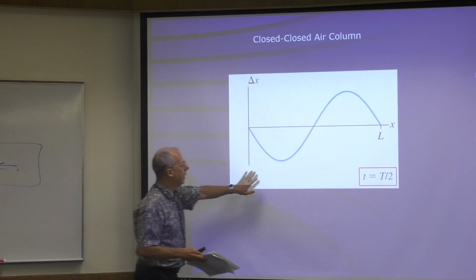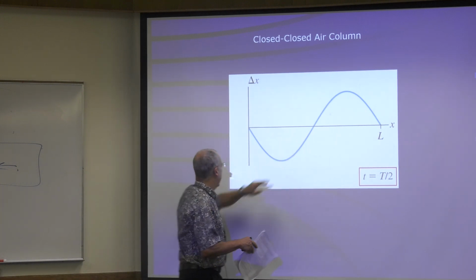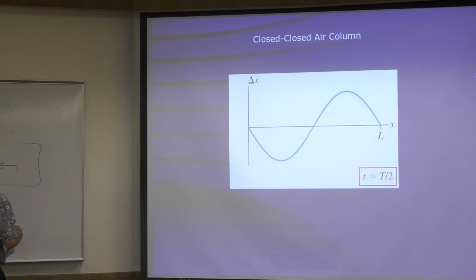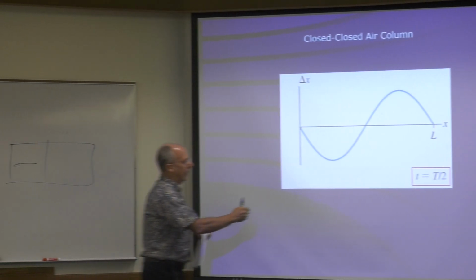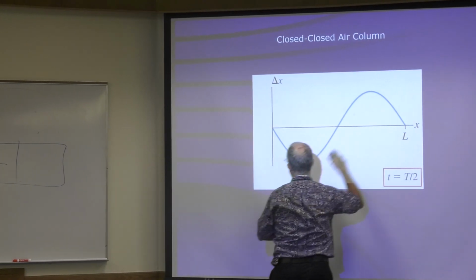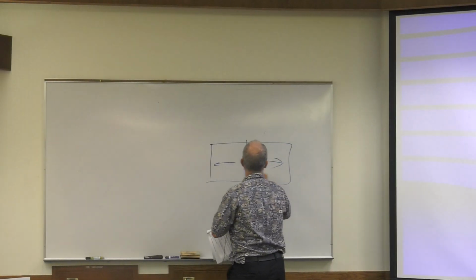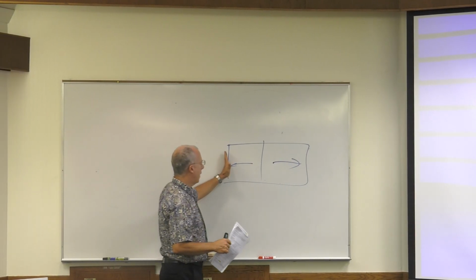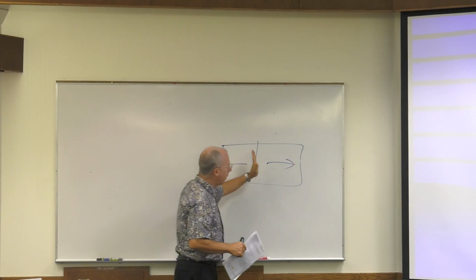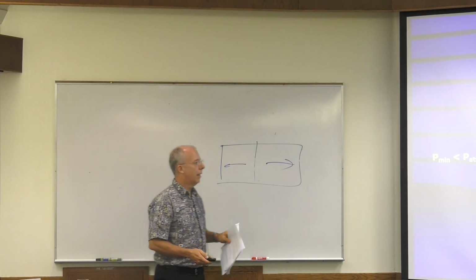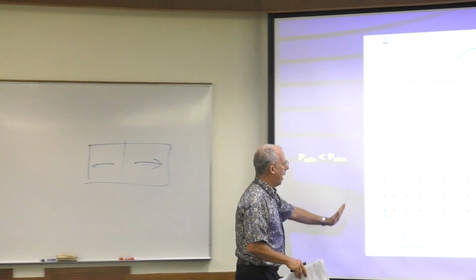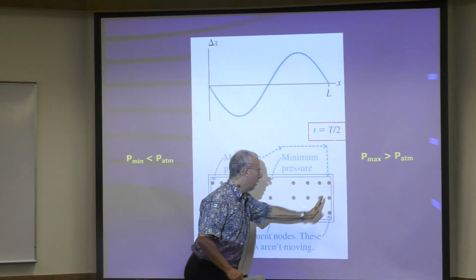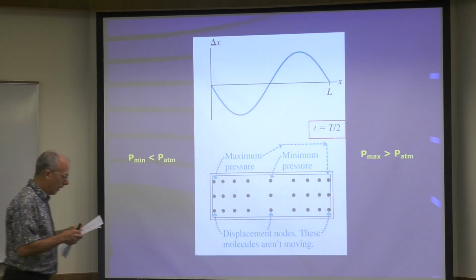So this air here is being pushed to the left, and here the air in this half is being pushed to the right. If that's the case, you have high pressure here and low pressure here.